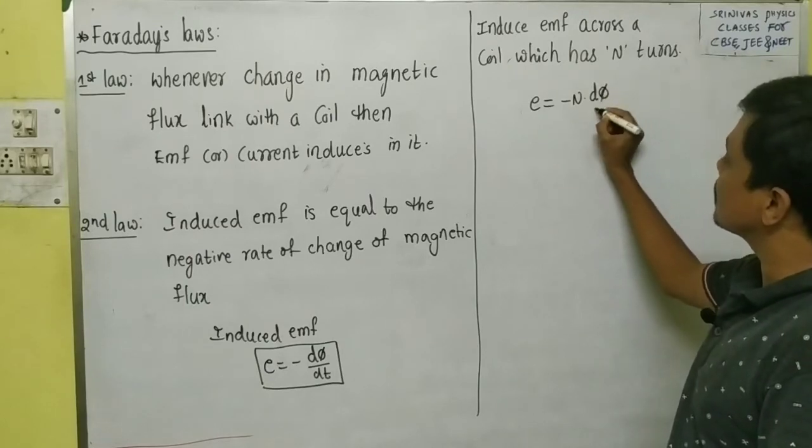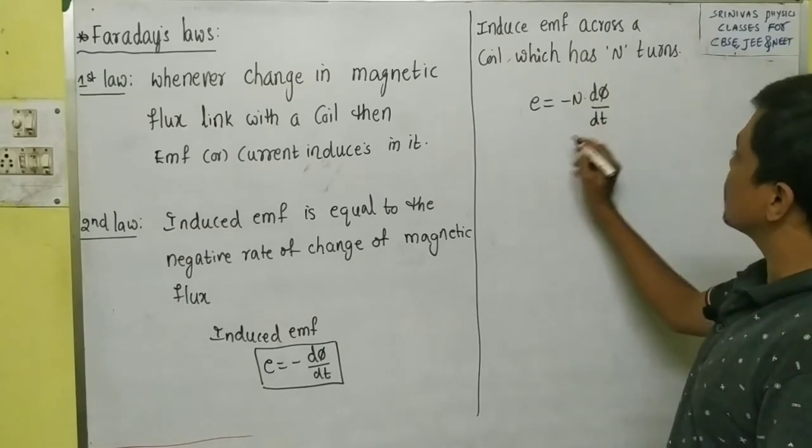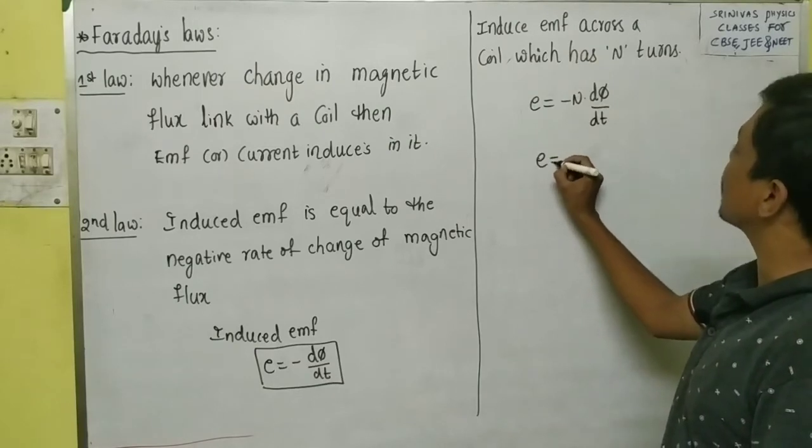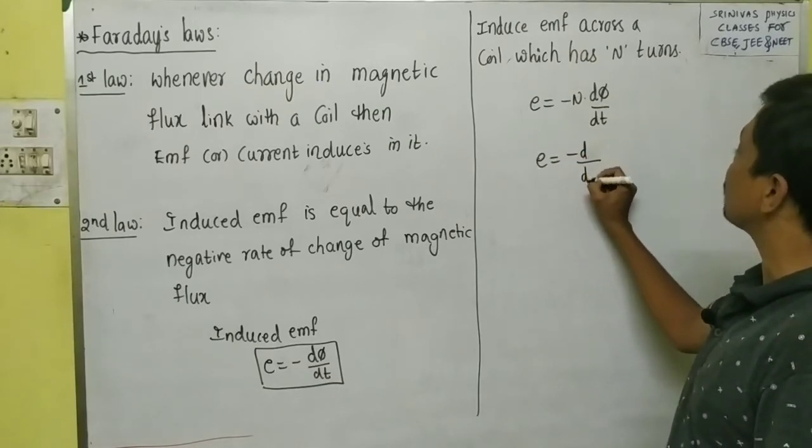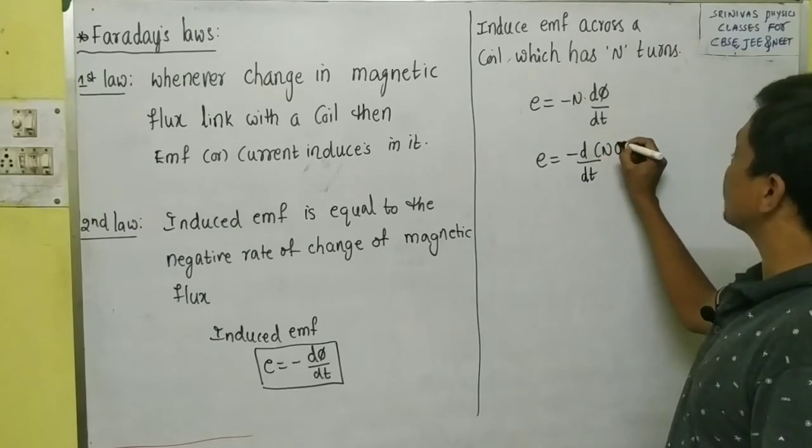We can also sometimes write it like this, minus d by dt of N phi.